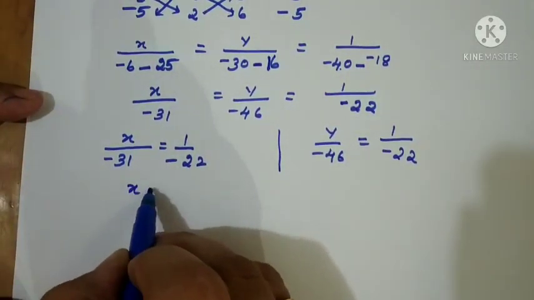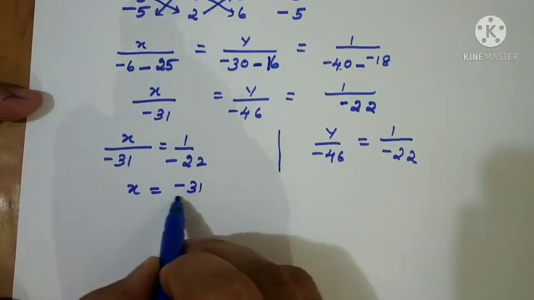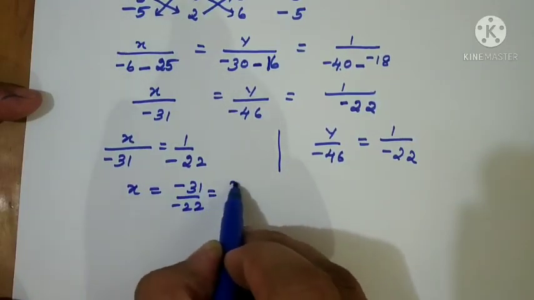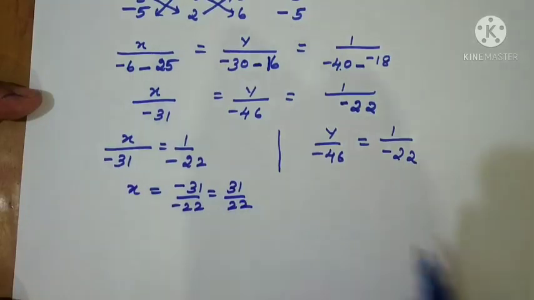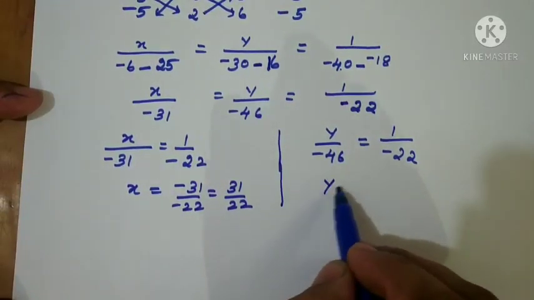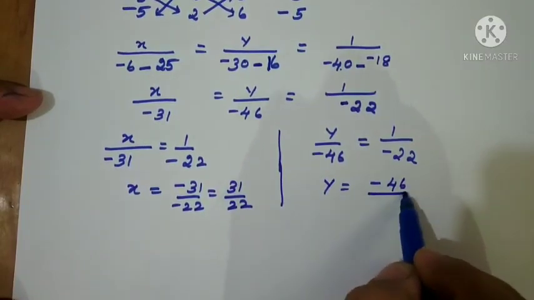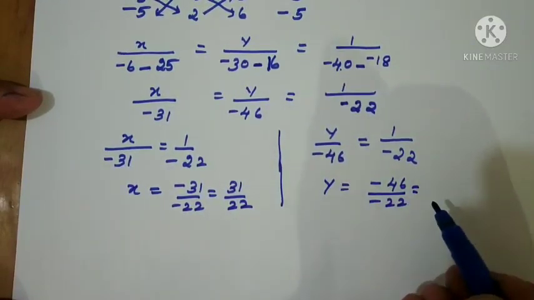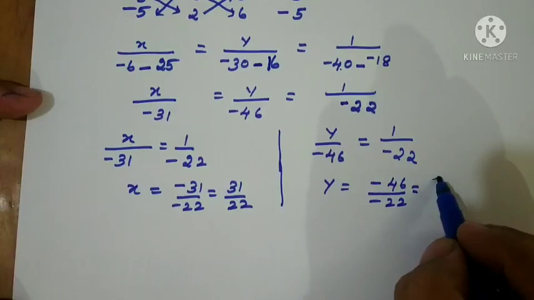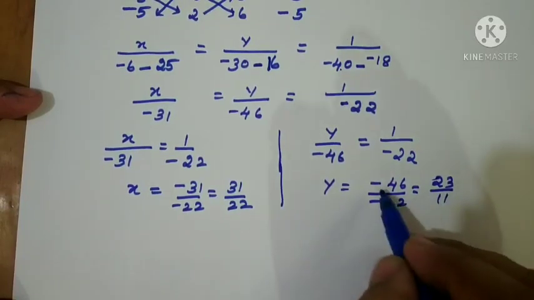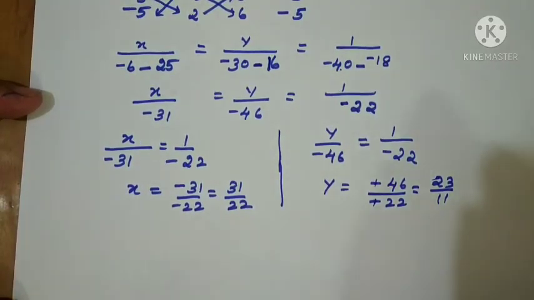So what is x now? Minus 31 divided by minus 22, that means 31 by 22 only, we are cancelling the sign. Next, y equal to minus 46 by minus 22. We can cancel with the 2, so it is 23 by 11, because minus minus is plus.